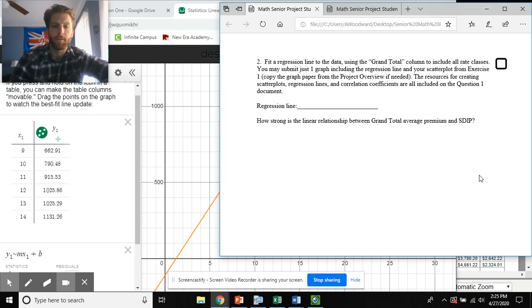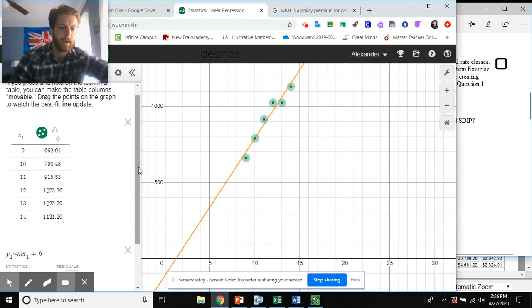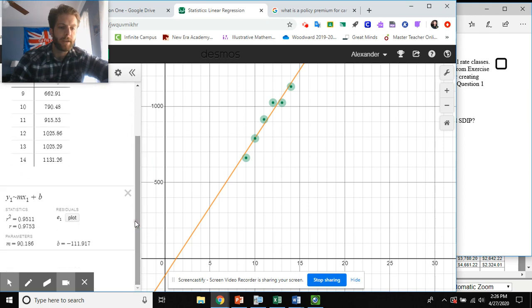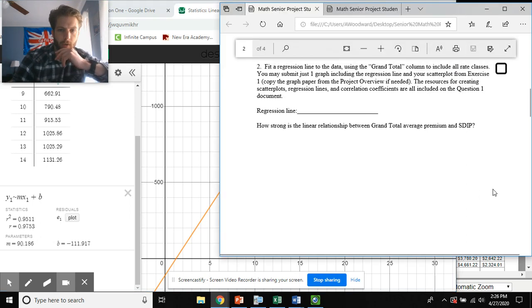It gives you all the information that you need. This information down here underneath your table, where it says y1 is equal to mx1 plus b, and then the statistics, the residual, and the parameters, that's what's required for these two questions.